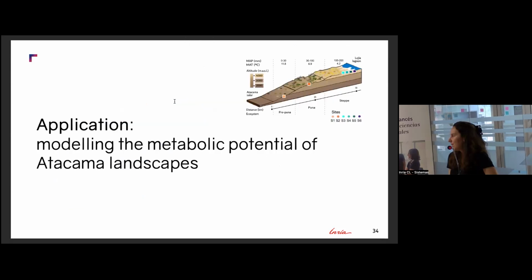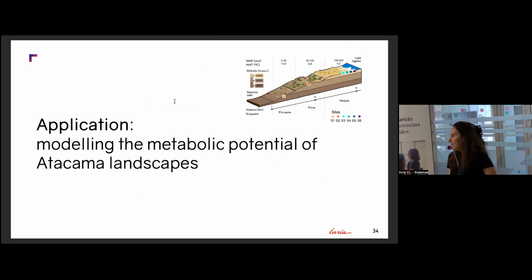So to finish, I will present you an application of the last tool to data retrieved from the Atacama Desert. That's a work that was done in the context of the Inria associated team, Symbiodiversity, that associates 2 Inria teams in France, so Dilis in Rennes, Pléiade in Bordeaux.